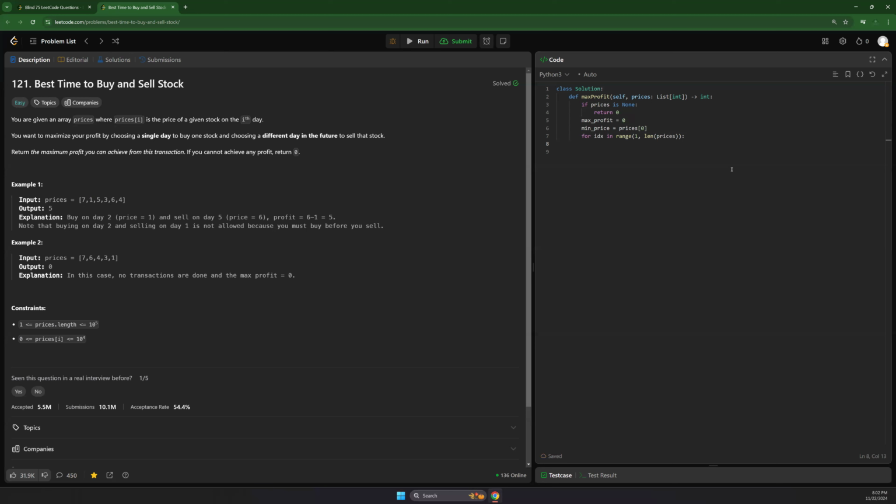So for each location, we have to find out the profit. The profit would be prices[idx] minus min price.